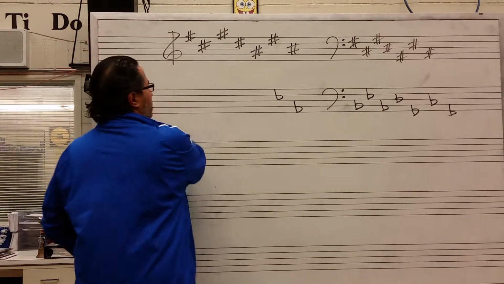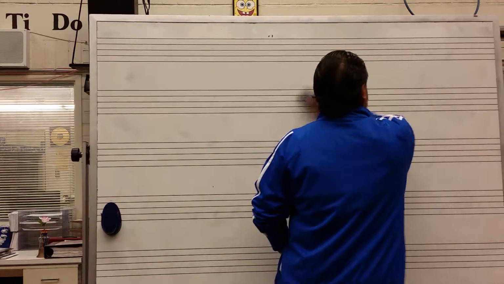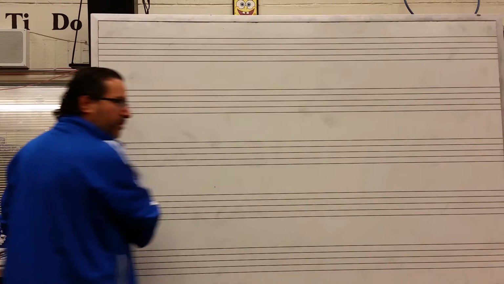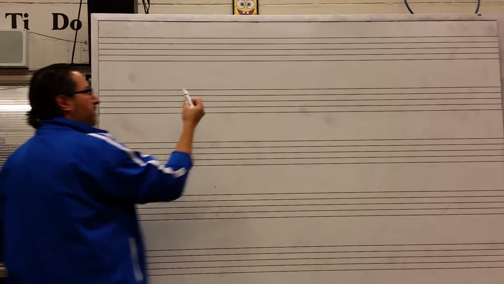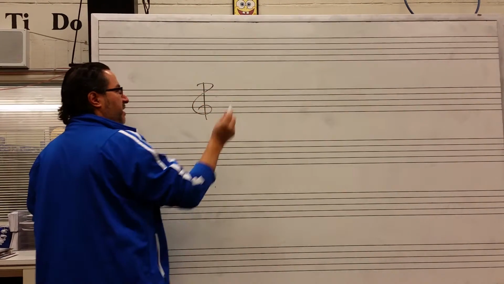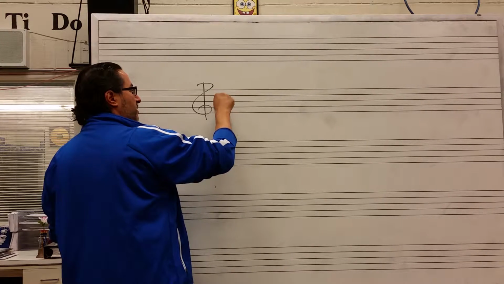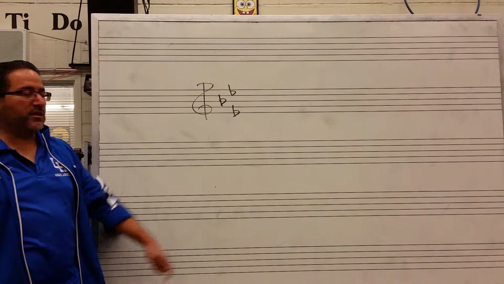Now, in earlier times, let's say you see an old manuscript written by Bach himself, and you're looking at his handwriting, which you can find online very easily. If Bach is writing in, say, the key of B flat, you might see this in his manuscript. What is he showing?